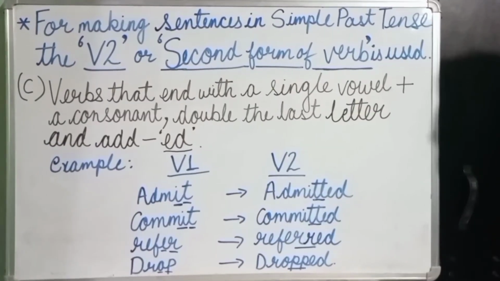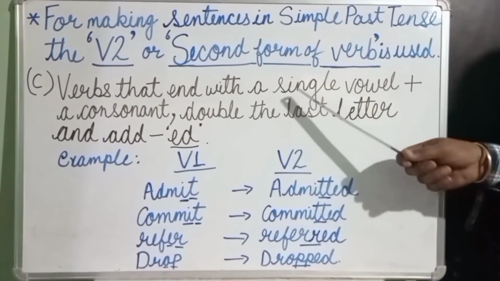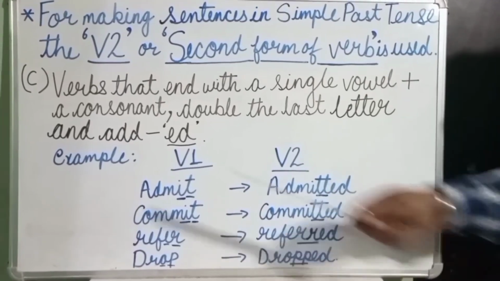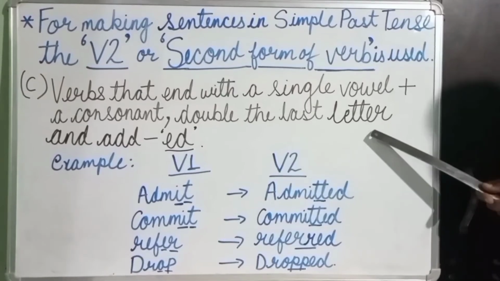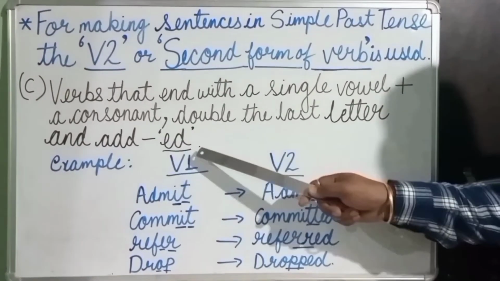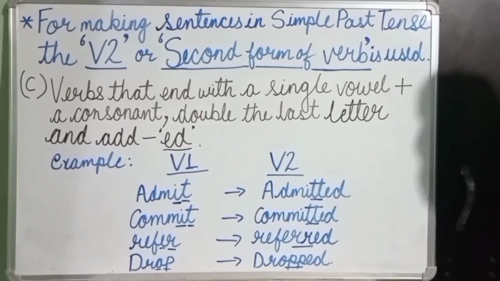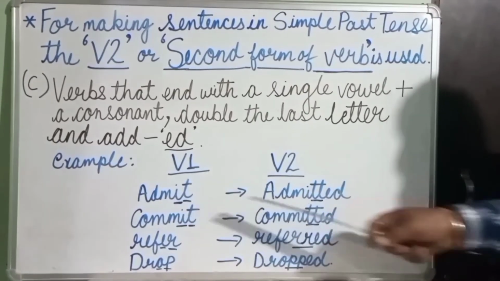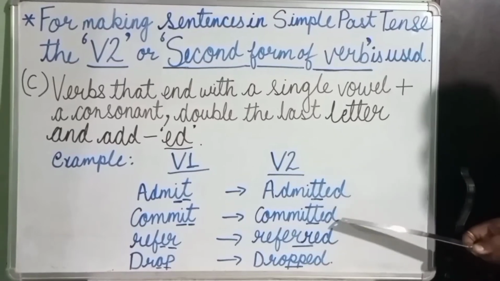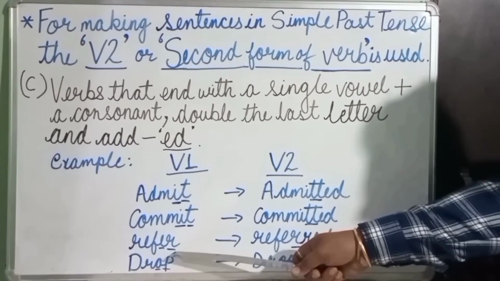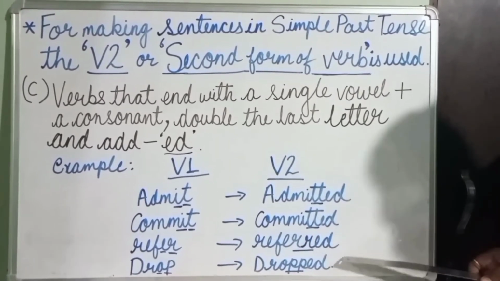Now, for the verbs that end with a single vowel plus a consonant, here we have to double the last letter and add ed. For example, admit becomes admitted. Commit becomes committed. Refer becomes referred.